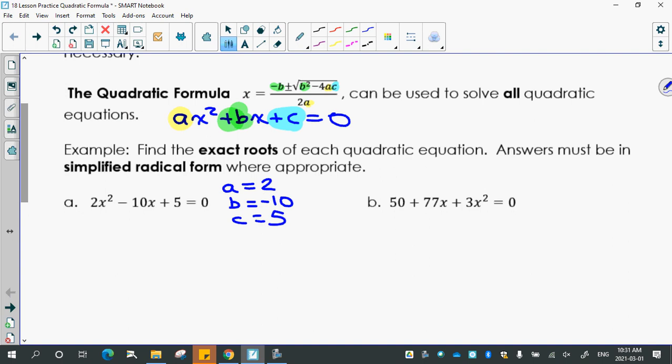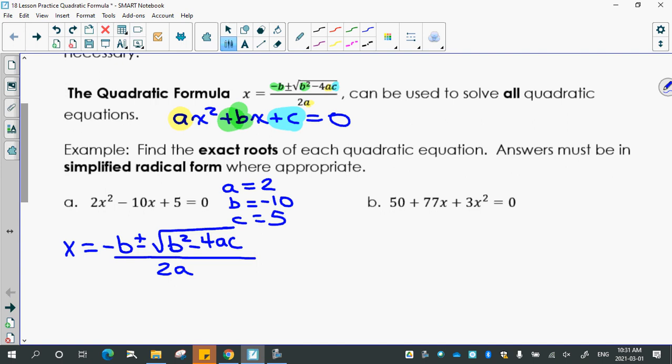The plain number. Then you copy the quadratic formula out, so x equals negative b plus or minus the square root of b squared minus 4ac all over 2a.